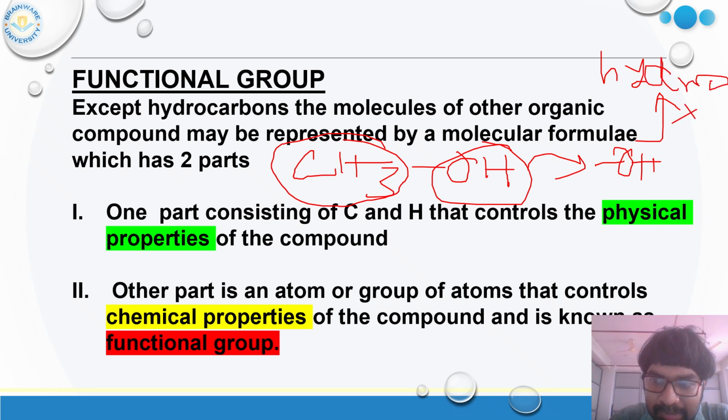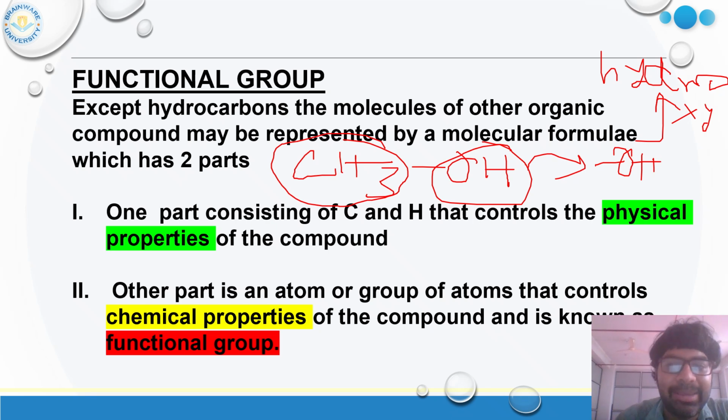So again I am telling, we are proceeding to methyl alcohol. This molecule contains 2 parts. One part is the CH3, another part is the OH. What does CH3 control? CH3 controls the physical properties of the compound like melting point, boiling point, solubility. And what does OH control?